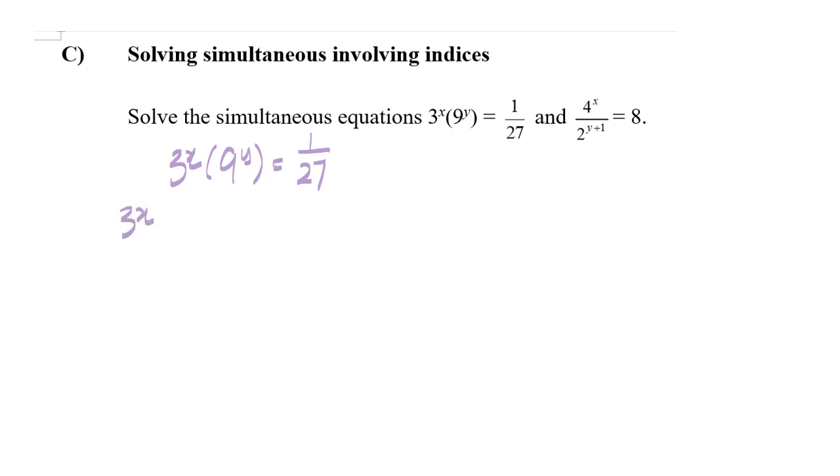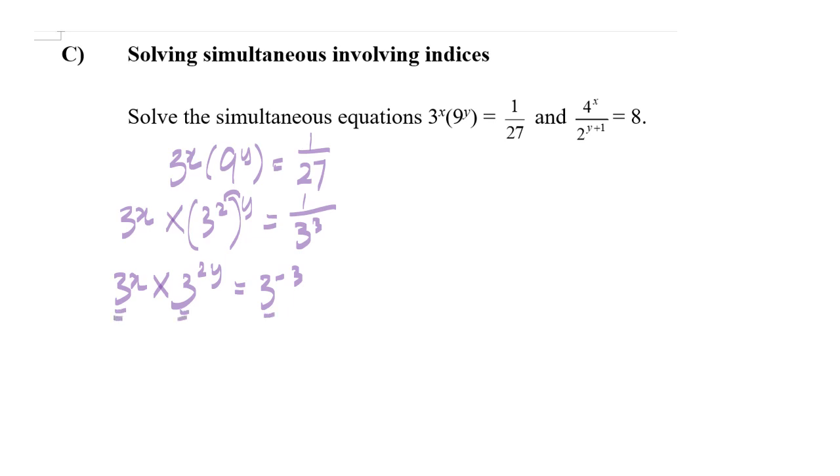So I'm going to change the bracket again to times. So 9 is 3 to the power of 2. 27 is 3 to the power of 3. Okay, multiply the power. Change 1 over 3 to the power of 3 as 3 to the power of negative 3. Okay, so now we have equations where you have the same base, so we can compare the exponents.